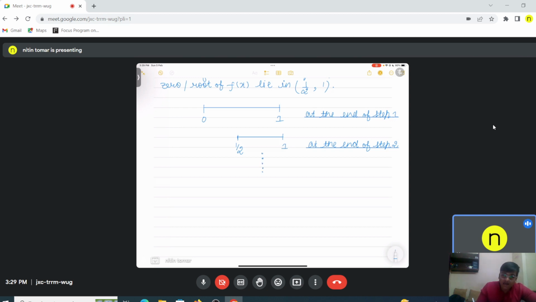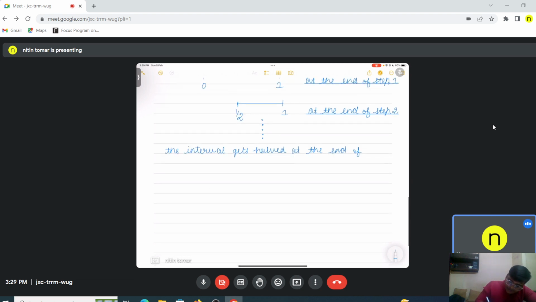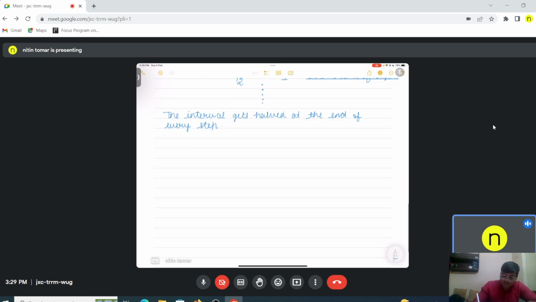So you keep on doing this and you will realize the interval gets halved at the end of every step. And this is precisely the idea of the bisection method, which you already must have learned, I assume.